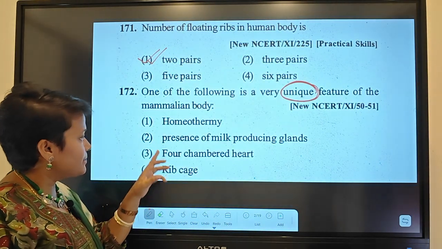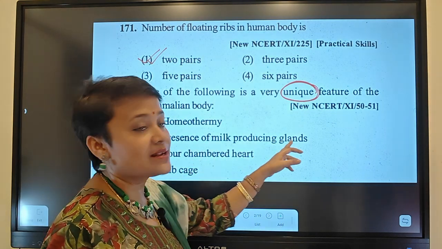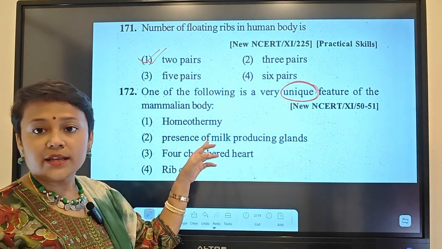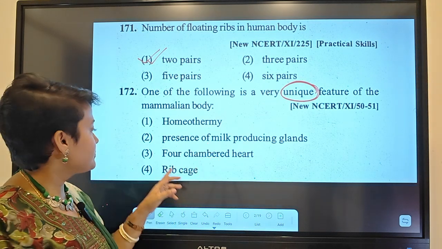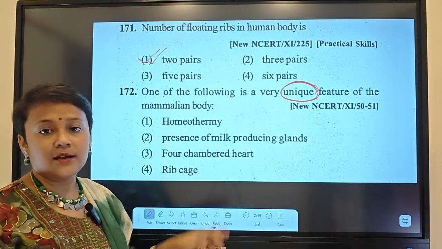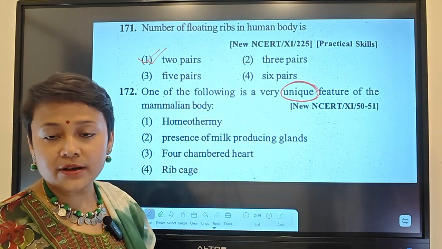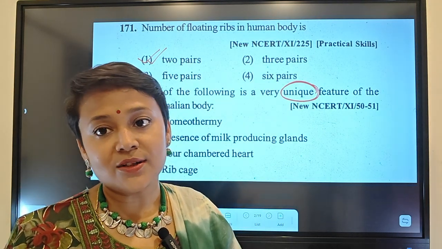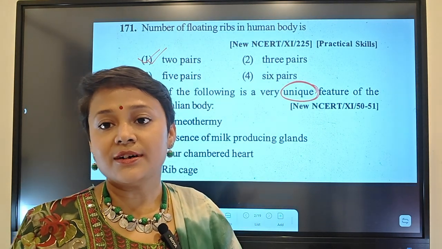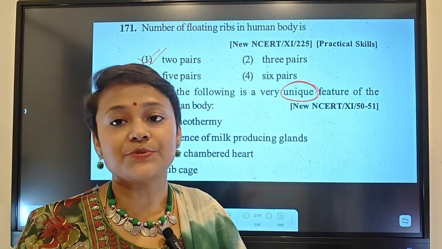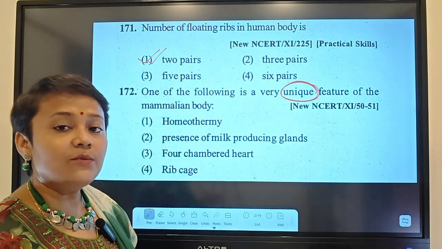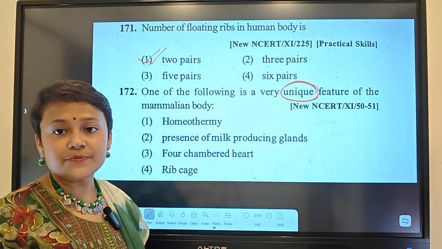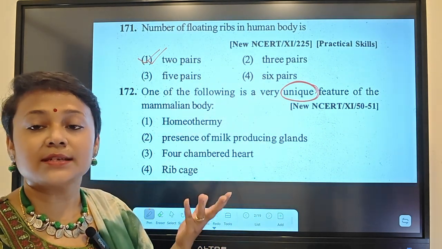Let's check the second one. Presence of milk producing glands. Yes, it is present only in mammals. In aves it is not present, right? Coming to the 4-chambered heart, aves have a 4-chambered heart, and reptiles mostly have three chambers, the exception being the crocodile, which has a four-chambered heart. A rib cage is also present in reptiles and aves.